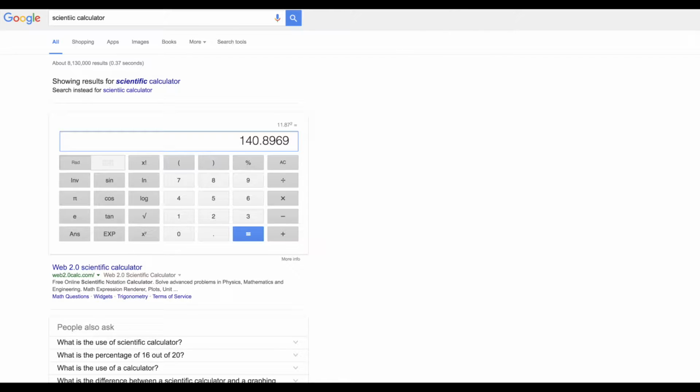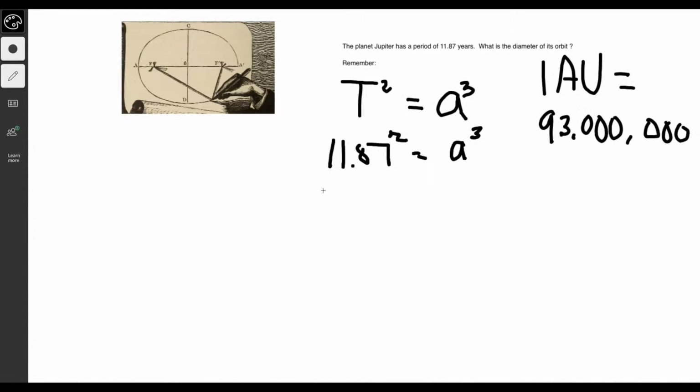So let's write that on our whiteboard: 140.8969. But we know that's A cubed.